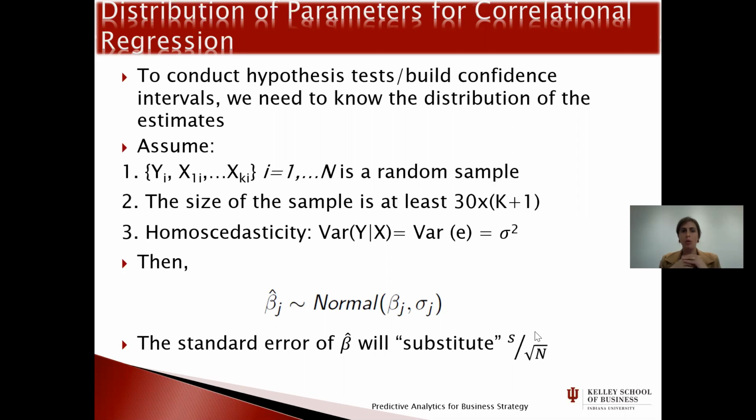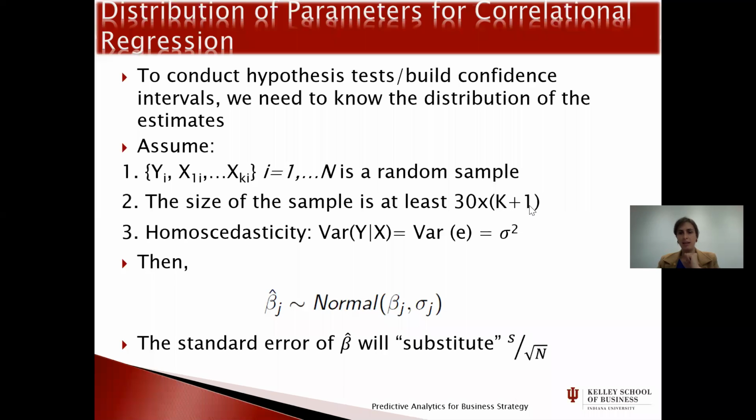How large? Well, now we're making predictions that involve many variables. So a good rule of thumb here is 30 observations per parameter that you are estimating. So if you have 3 variables in your model, let's say income, age, and education, then you need 120 observations.